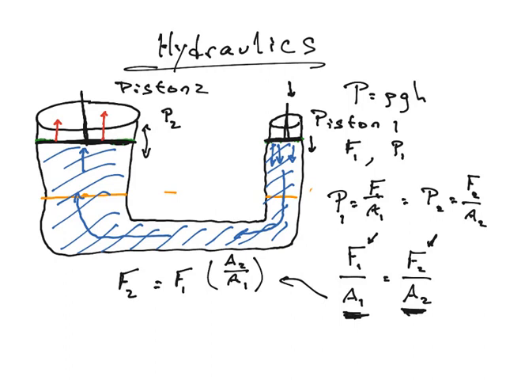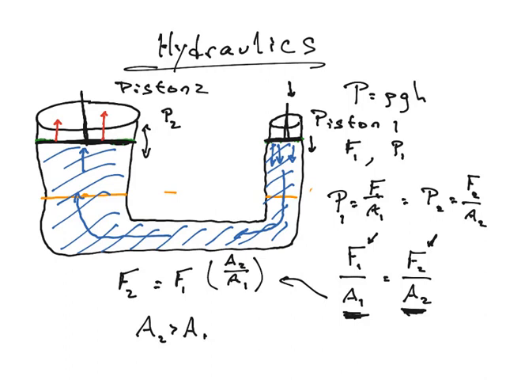Now what this result tells me is if the two pistons are the same size, then A2 is equal to A1, and A2 divided by A1 is just 1, and so the force at piston 2 is the same as the force at piston 1. Okay, boring result. However, let's say instead piston 2 is larger than piston 1. A2 is greater than A1.